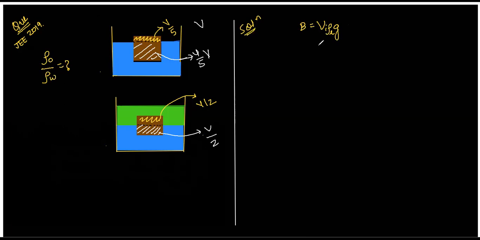Buoyant force, or buoyancy, is an upward force which acts on a body which has been submerged inside a liquid, and is given by the volume inside the fluid times the density of the fluid times G. Are we clear, Atul? Yes, sir. This is how buoyancy or buoyant force is defined.